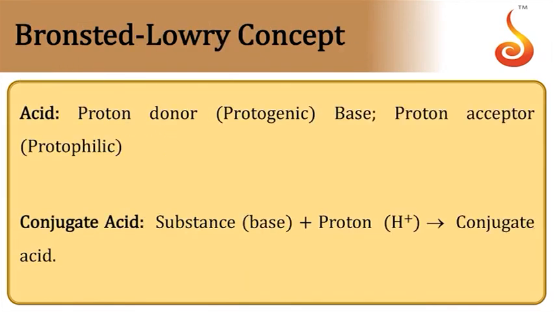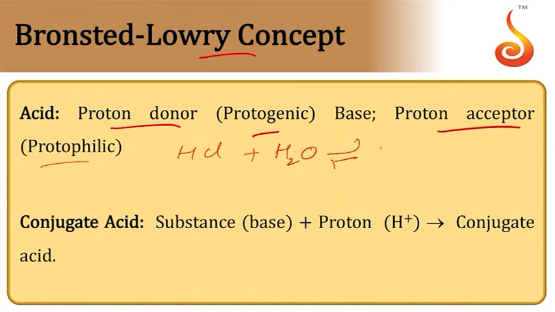Then the theories of acids and bases, Bronsted-Lowry theory. A proton donor or protogenic substance is called an acid. A proton acceptor or protophilic substance is called a base. Suppose you take HCl plus water, giving H3O+ and Cl-.